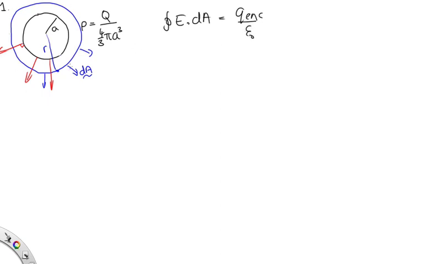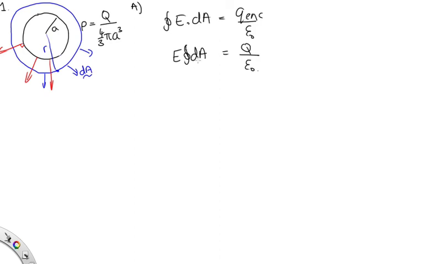Now the charge enclosed within this surface, we've got our entire sphere, which we were told had charge capital Q. So our enclosed charge is Q over epsilon naught, and we can pull this electric field out the front because the electric field is constant over the surface. So we can pull it out the front and we've got the integral of dA.